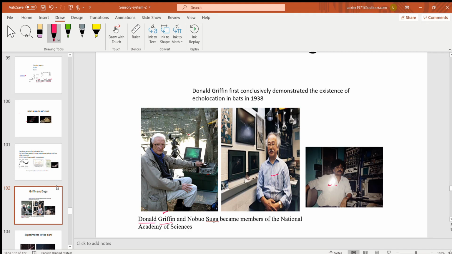One is he got some strings used in guitars, the musical instrument, thin strings. He hung them from the ceiling in a hall room and then let the bats fly in the dark room, and he recorded the movement of the bats, and he found that the bats can avoid those strings.